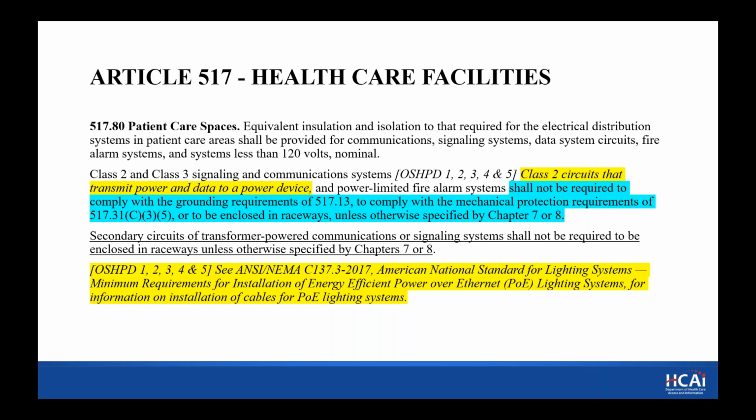So it says class 2 and class 3 signaling communication circuits that transmit power and data to a power device and power limited fire alarm systems shall not be required to comply with the grounding requirements.